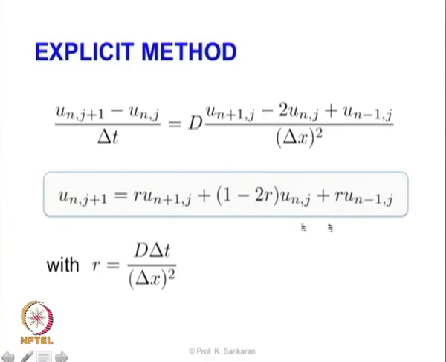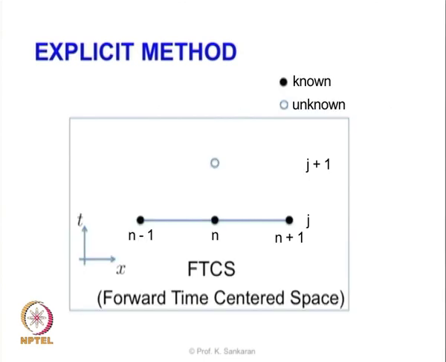We have seen a similar set of equations while we did the earlier analysis on the finite differencing scheme, and this is the same set of equations, and r is equal to d delta t divided by delta x square. Again this is forward in time, centered in space, and the stencil for this equation is going to look of this sort.